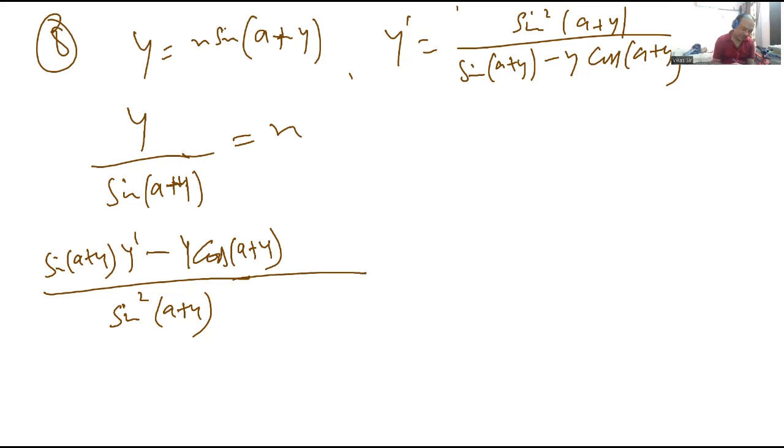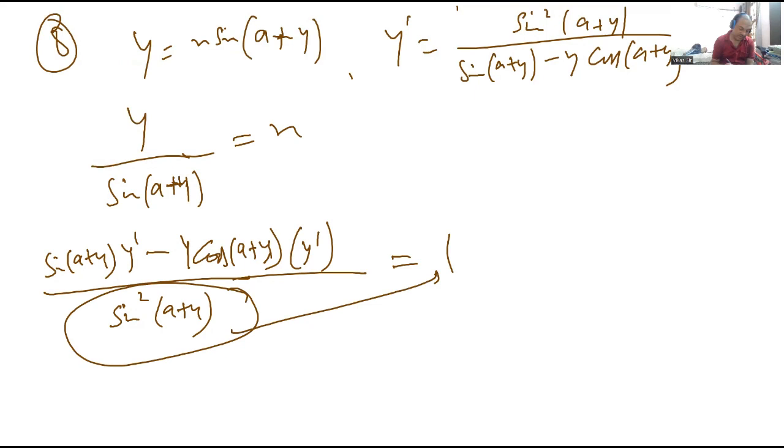Now, if I differentiate this with the help of the chain rule, for a I will be having 0, and for y I will be having y'. And here, when I differentiate x, I will be having 1. Now, what can I do? First thing I can do is bring the sine square (a plus y) to the RHS. Okay. And now here, what else I can do is take y' common.